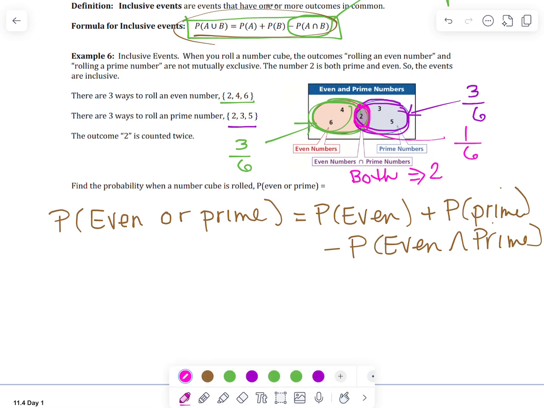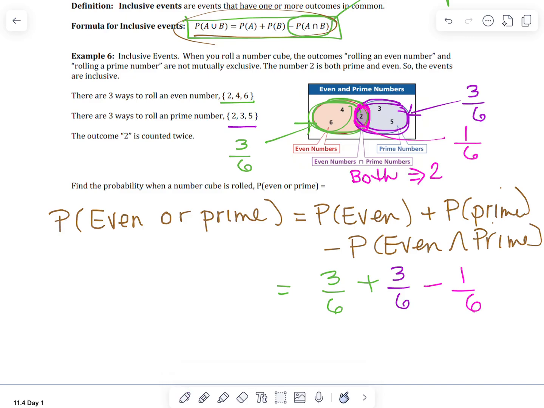So we have 3 out of 6 plus 3 out of 6 minus 1 out of 6. And then we simplify. So 3/6 plus 3/6 minus 1/6. When we add those together, we get 5/6.